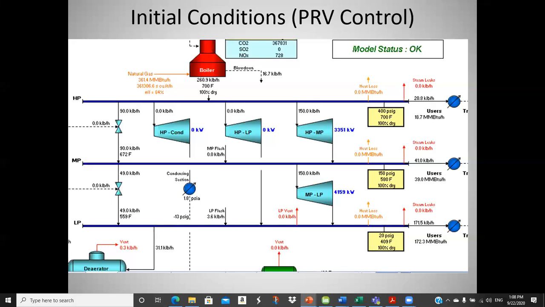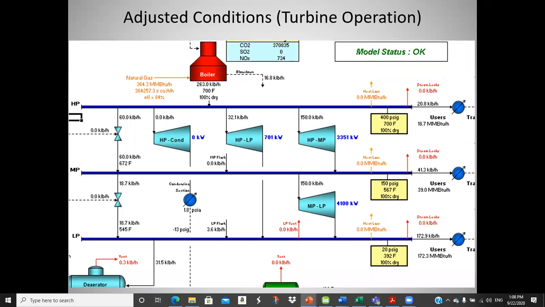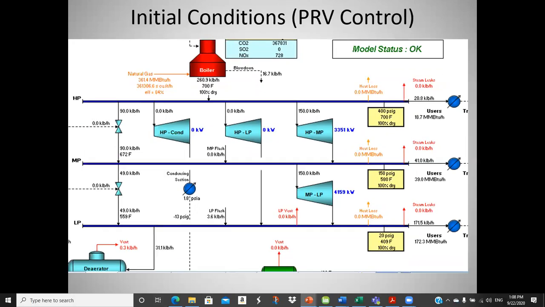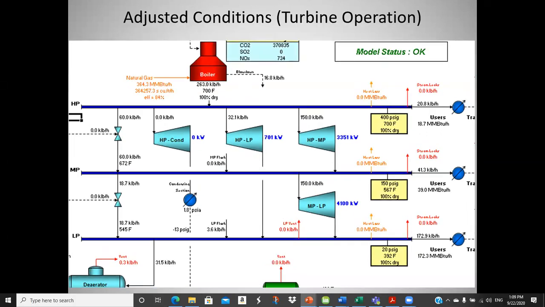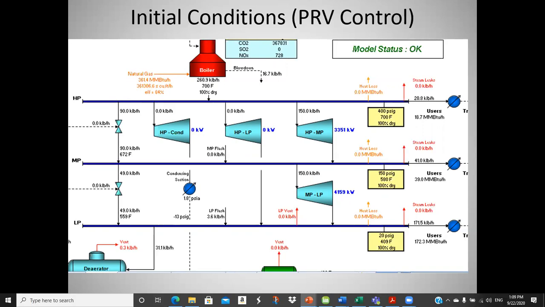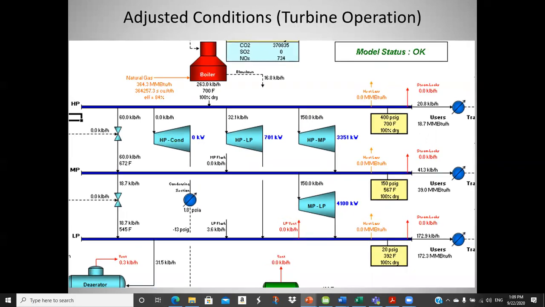This one, the medium pressure, is 41,000. This is 41,300. This one is 171.5. This one is 172.9. That's because I've kicked extra turbines into operation, and so I have to make more steam to provide the same thermal energy to make the same product.